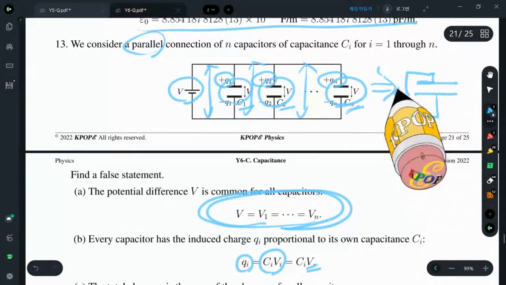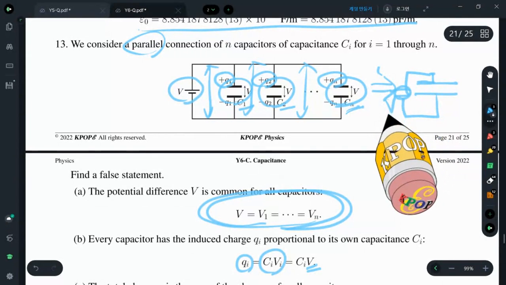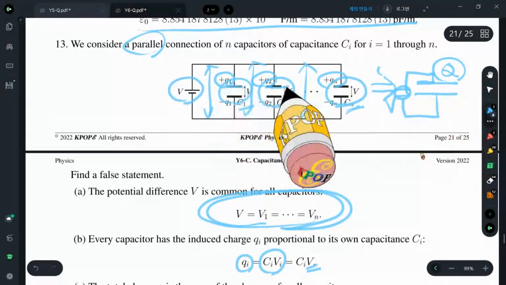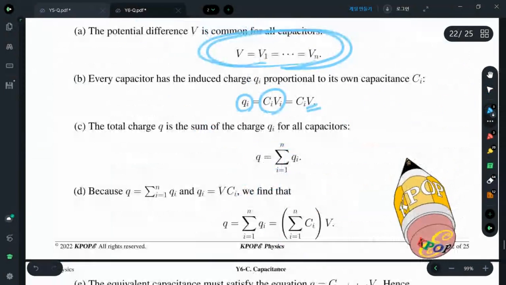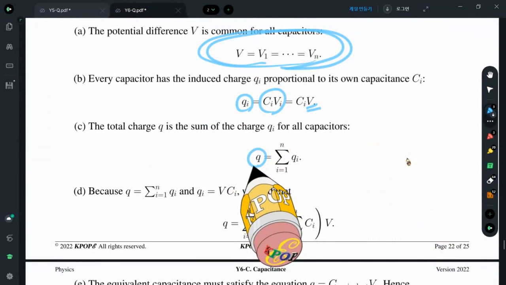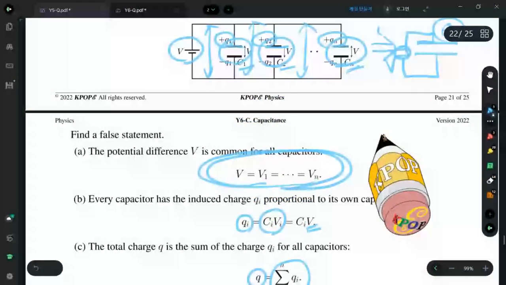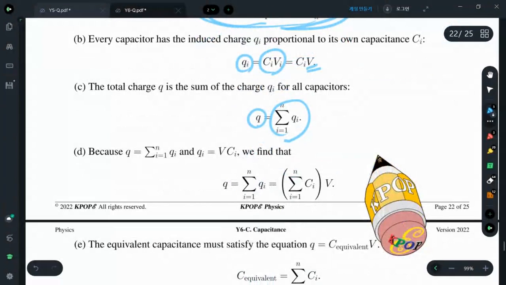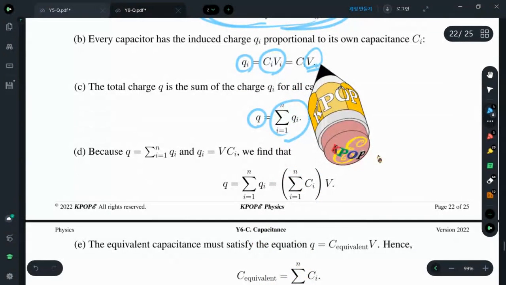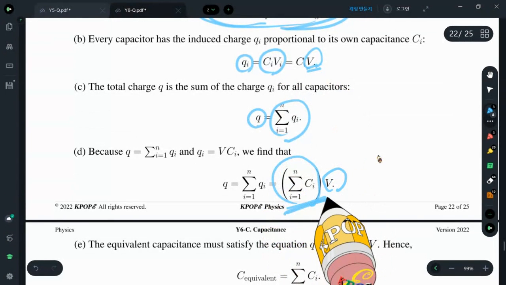capacitor connected to this battery of potential difference V. This charge Q is actually the sum of these charges. So the net charge of the equivalent capacitor is the sum of every charge. We substitute Q equals CiV, and V is common, so I can factor V out and sum everything together.